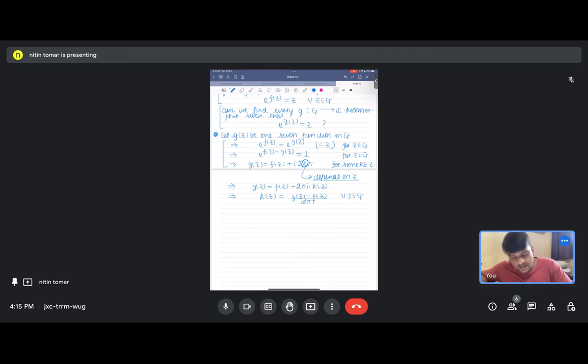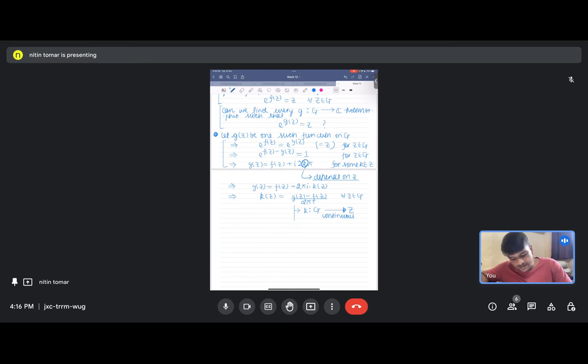Now, is k a continuous function? k is a function of what? Of z. What are the values of k? This k was integer valued, right? Yes, it is a continuous function, and it is integer valued.